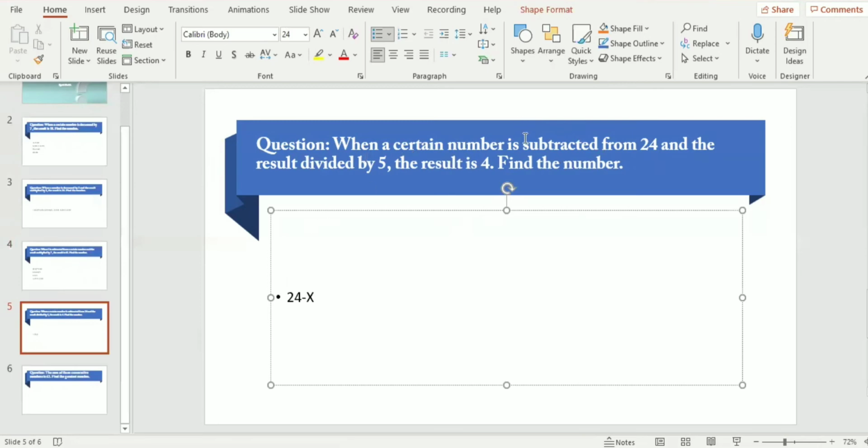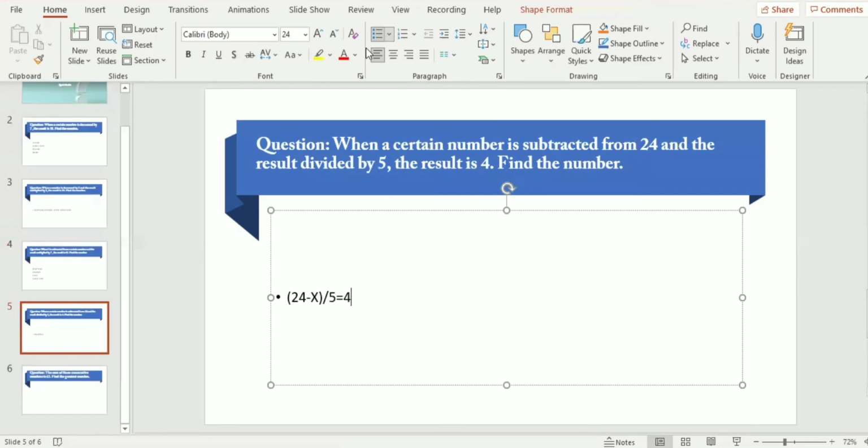When a certain number is subtracted from 24 and the result divided by 5, the end result is 4.